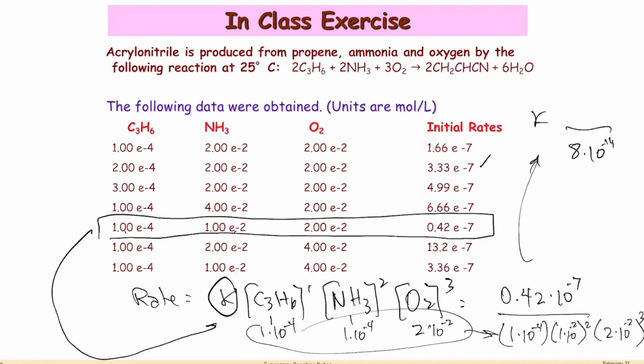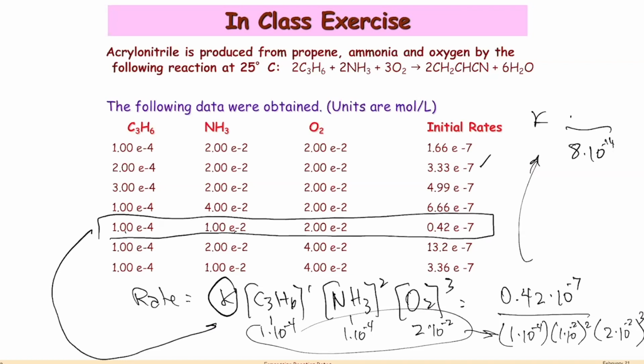You should double check my work. 2 times 10 to the minus 2 cubed is 8 times 10 to the minus 6. 1 times 10 to the minus 2 squared times 2 times 10 to the minus 2 cubed, yes, it's 8 times 10 to the minus 14. Okay, so just double check that work.